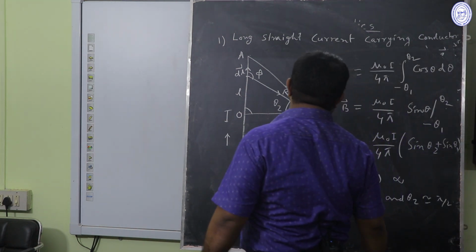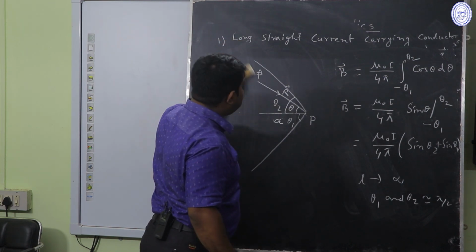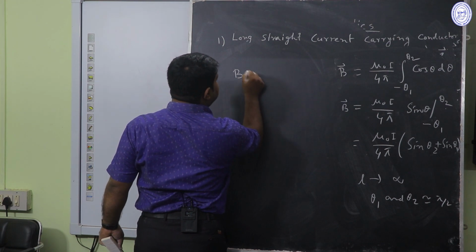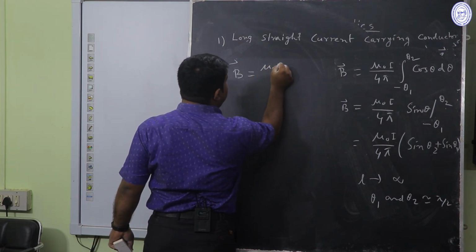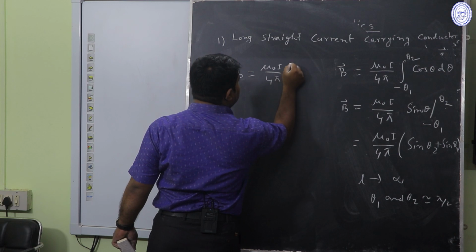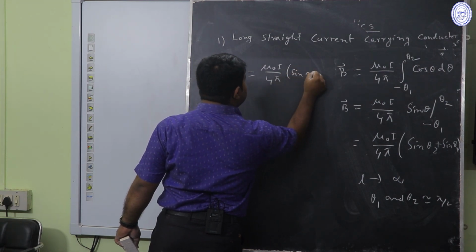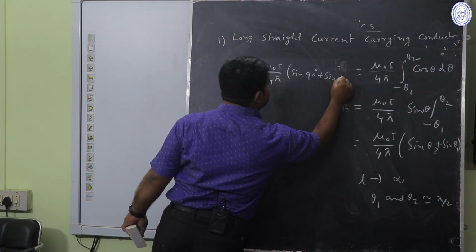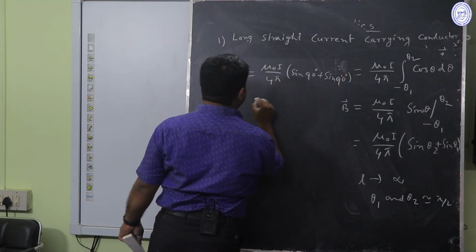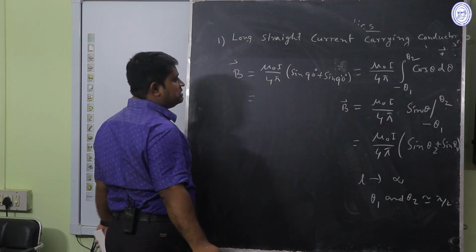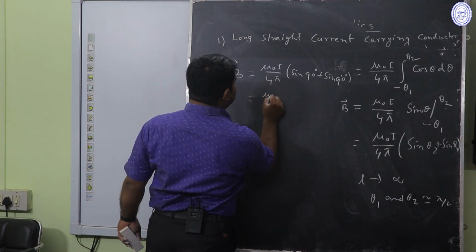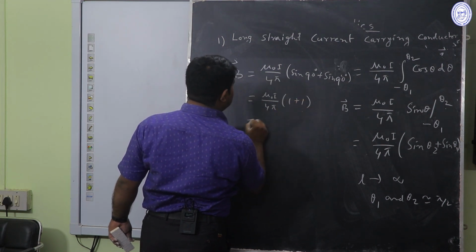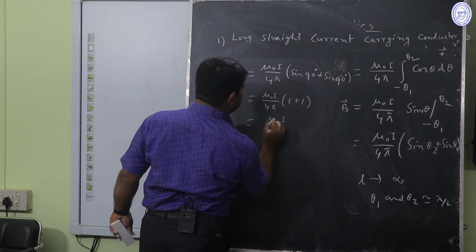So the total magnetic field for an infinite length of conductor is B equal to mu 0 I by 4 pi, sin 90 degree plus sin 90 degree. Sin 90 degree is equal to 1. So mu 0 I by 4 pi, 1 plus 1.